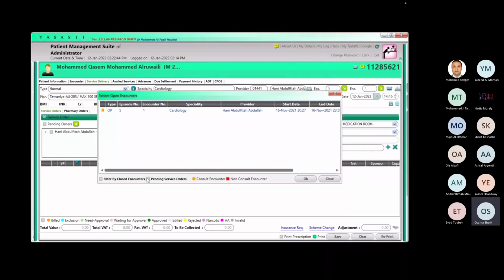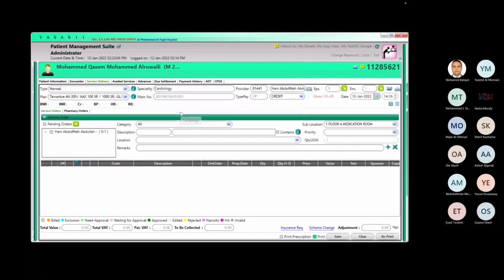So you don't have to go to each encounter and check that is there anything here, is there anything here? No. All you have to do is just click on the pending service orders and it will filter for you and give it to you. I can't confirm the authenticity of this point, but it is a feature that they created, and I'm not sure how well it works. Anyways, I'm going to double click on this one, cardiology, and still continue to do whatever I was doing.